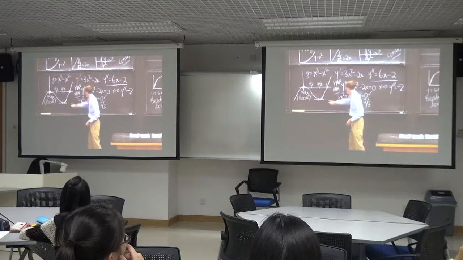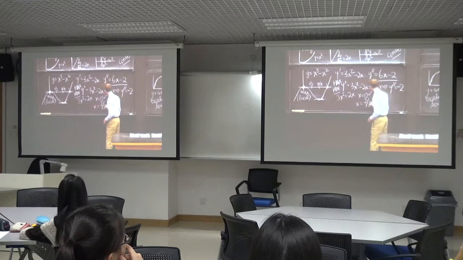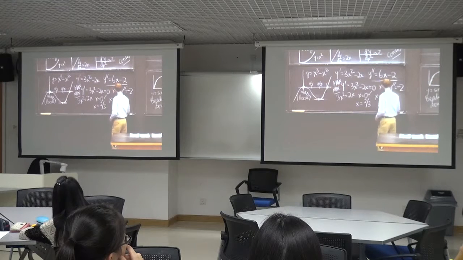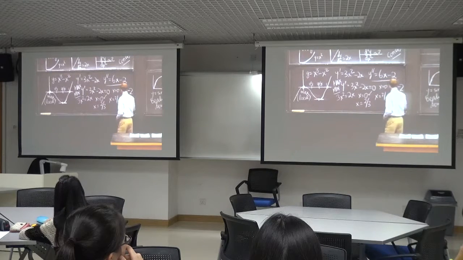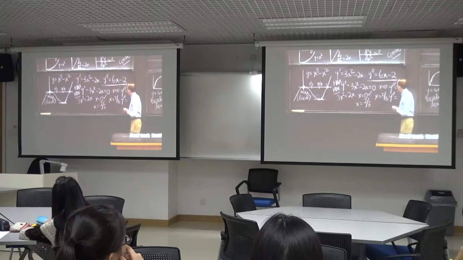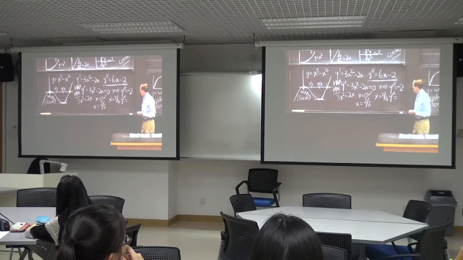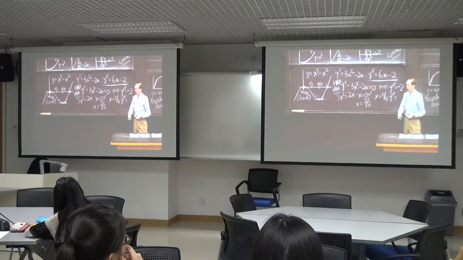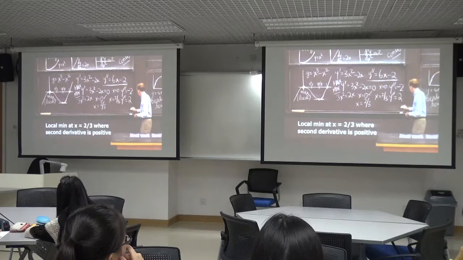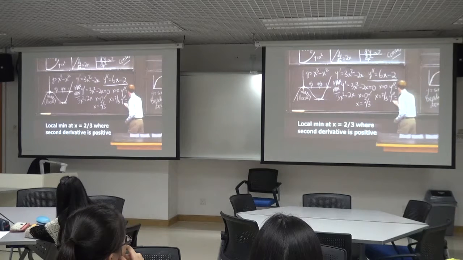What about the other one? What about at x equal 2/3? At that point, looking at my formula for y double prime, 6 times 2/3 is 4, minus 2 is plus 2. 4 minus 2 is 2. So this is positive, so I'm expecting a min.